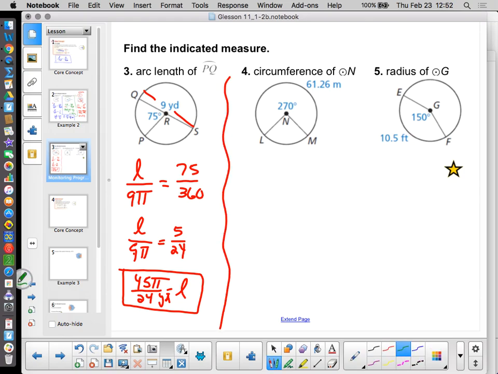Same thing here. It wants the circumference, which is my unknown. I know the arc length is 61.26, over the circumference, equals the angle over 360. Now 270 over 360 is 3/4.